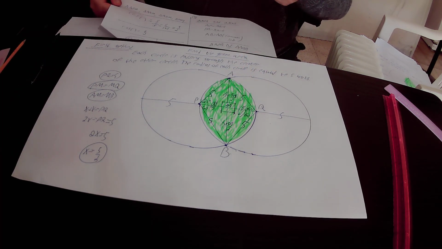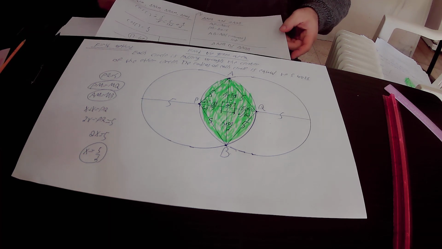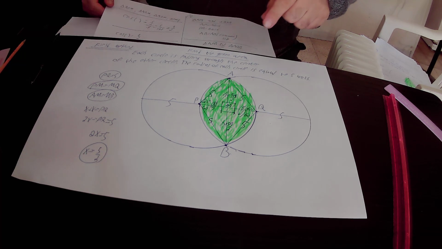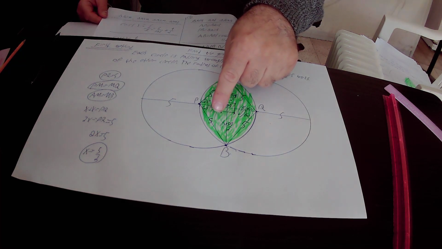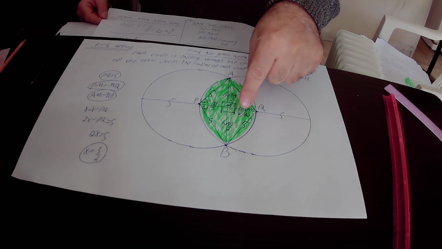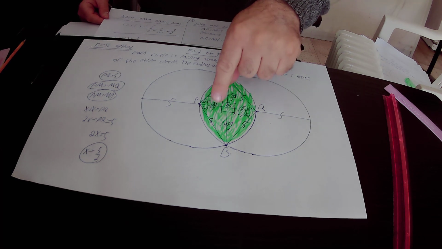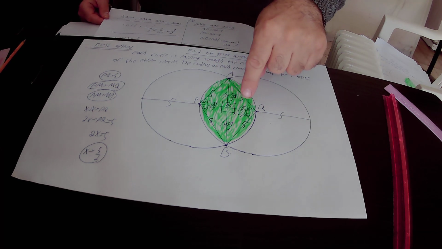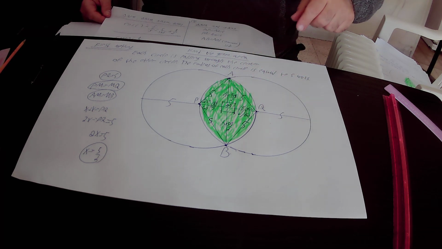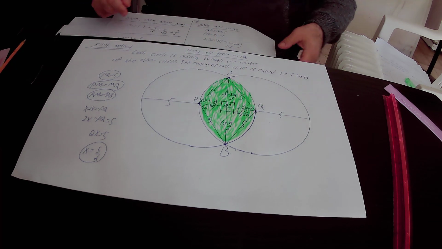AB is a common side, it belongs to both triangles. So all three sides in triangle APB are equal to all three sides of triangle AQB. Therefore, those two triangles are congruent according to the side rule.